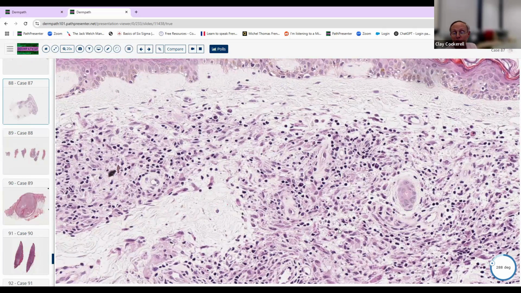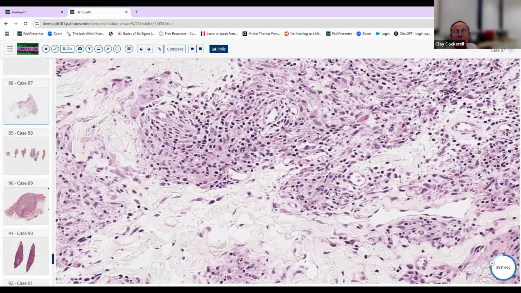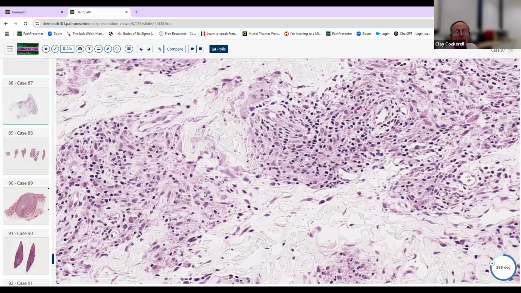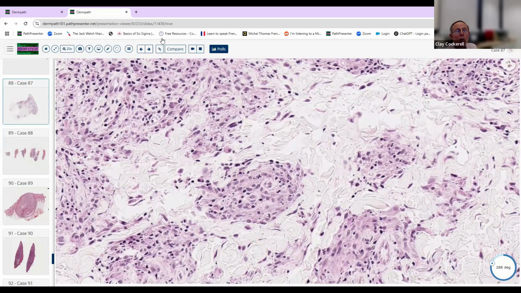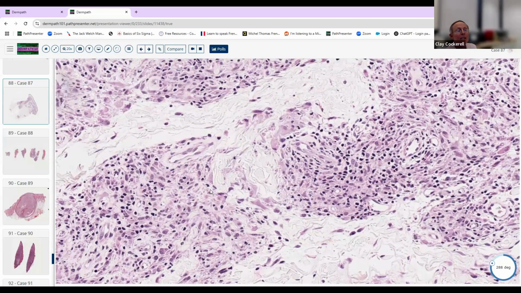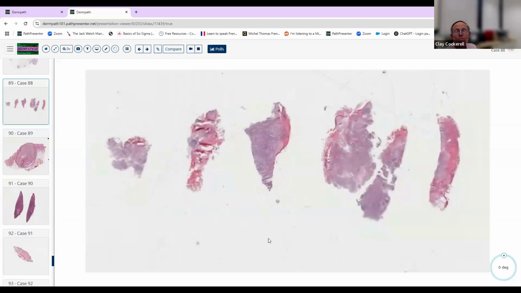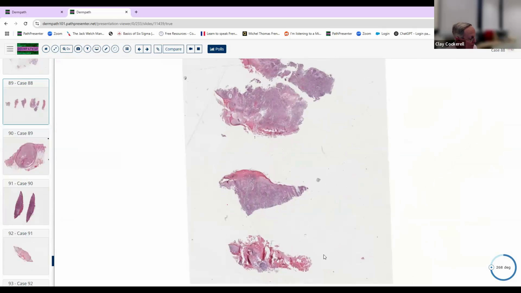This is lepromatous leprosy, not tuberculoid leprosy. If we did a Fite stain, all of these would light up like a Christmas tree. Very strongly positive, multibacillary disease, lepromatous leprosy. Okay, number 88.